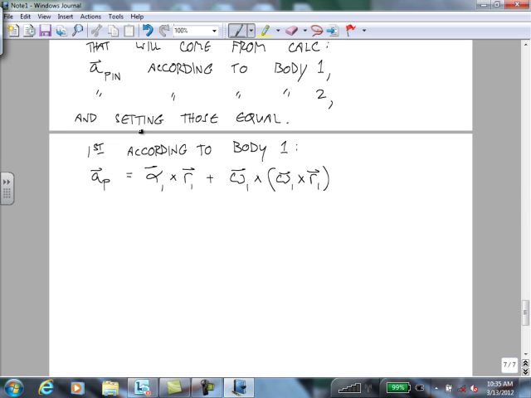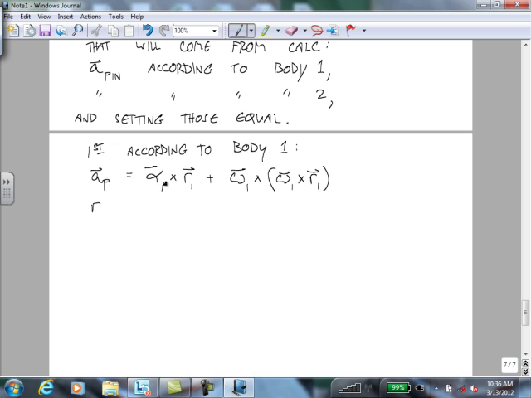What's the r1 vector? 0, -1. So r1 is 0, -1.